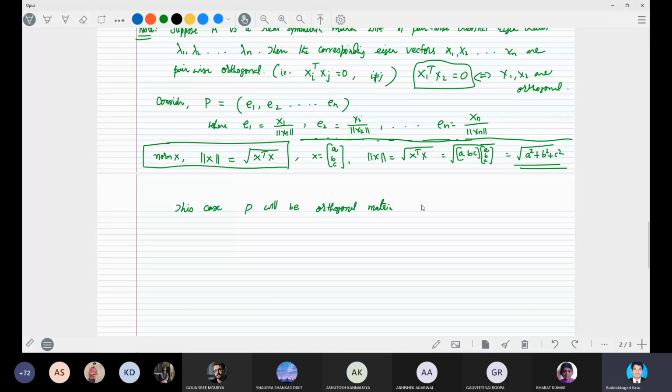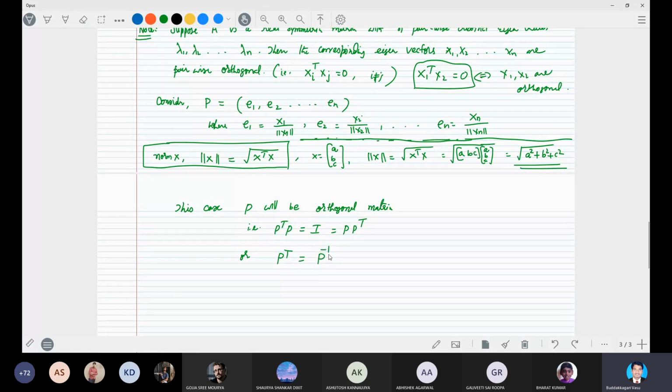So how can we say P will be an orthogonal matrix? It means that P transpose into P is equal to I. That is equal to P into P transpose also, right? P into P transpose is equal to P transpose into P is equal to I. Then we say that P is an orthogonal matrix.